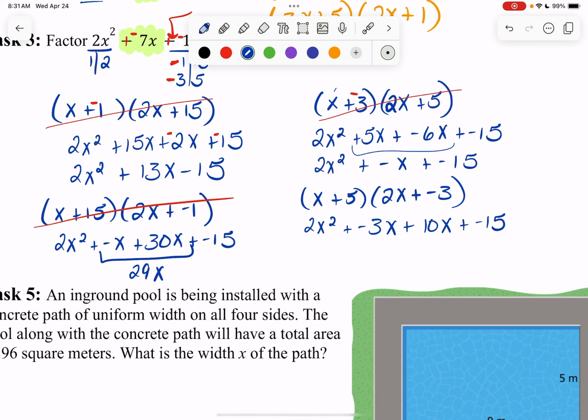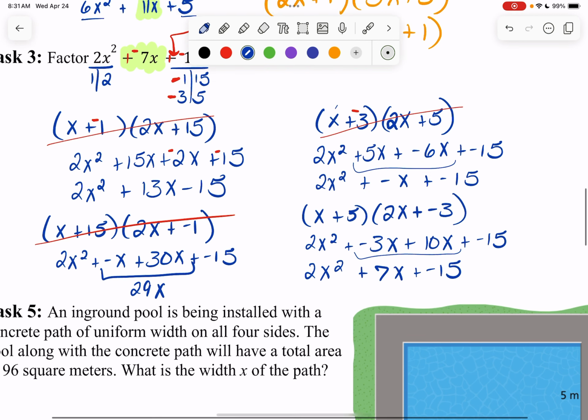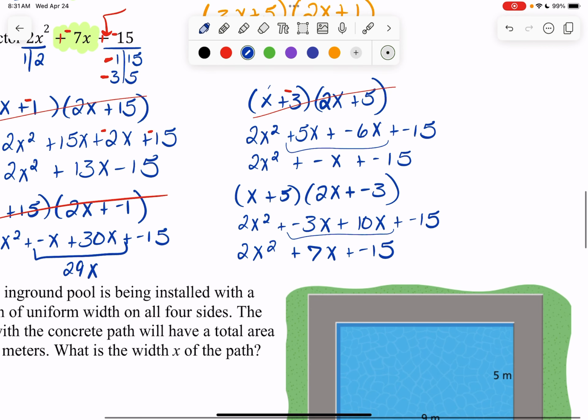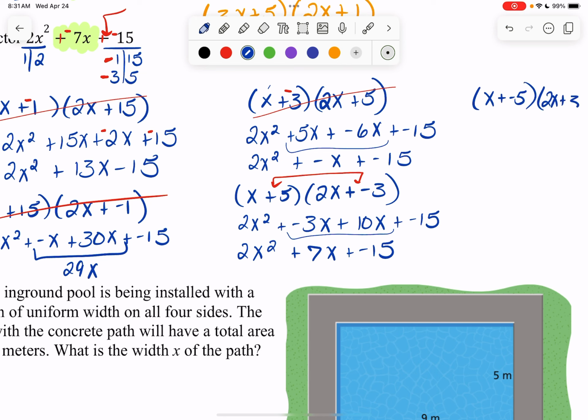Ooh, did we find it? Almost. Negative 3 plus 10 is positive 7x. I want to get to negative 7x. Thoughts on how to fix that? My negative and positive are in the wrong spot. So we're going to do it one more time, but instead we'll do x and the negative 5. We'll make the 5 negative, and in 2x we'll make the 3 positive.